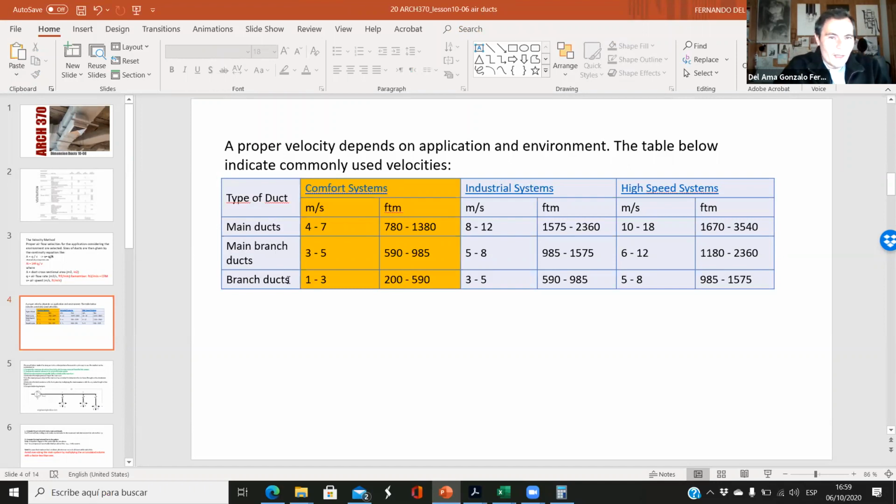What is this? Well, it depends. I think it's easier to understand that the low velocity is for ducts that are close to people. And the main ducts, or the higher velocity, is for ducts that are not in contact with people.